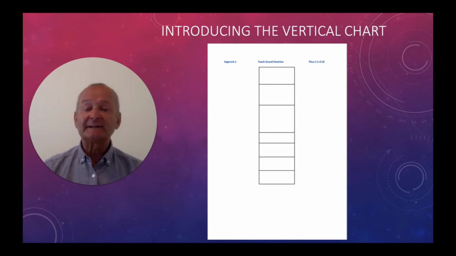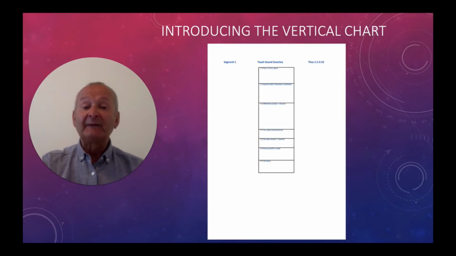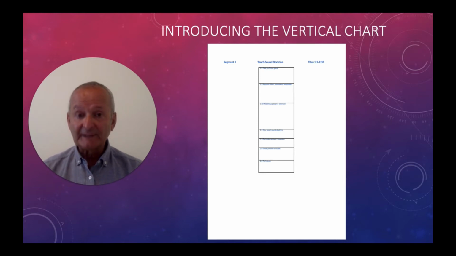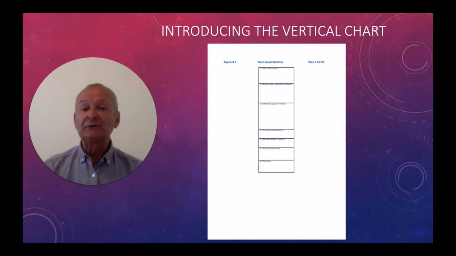But notice at the top we have the number of the segment, segment 1, the title, and then the reference. And then inside the boxes we have the paragraph title. So each little box represents a paragraph, and you put your titles for each paragraph inside the box.